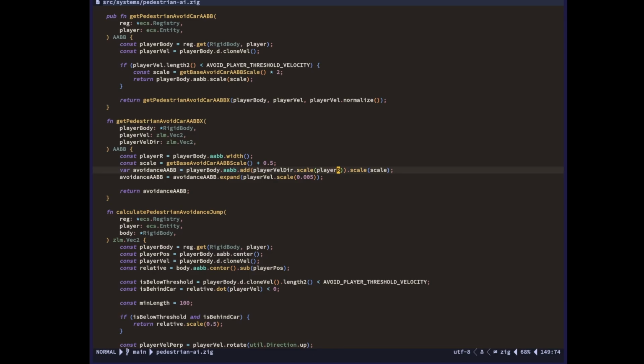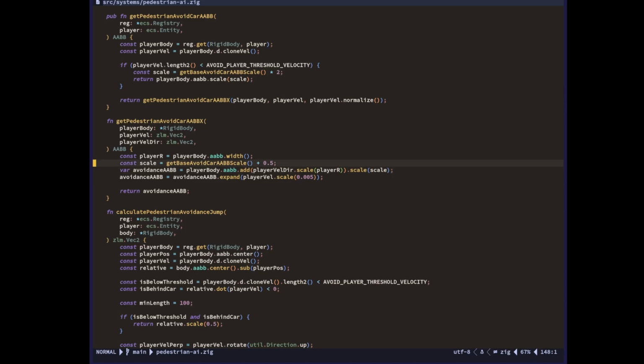So if the car is moving to the right, then the rectangle will be just next to the car in the right direction. And then we also scale the rectangle by some amount.